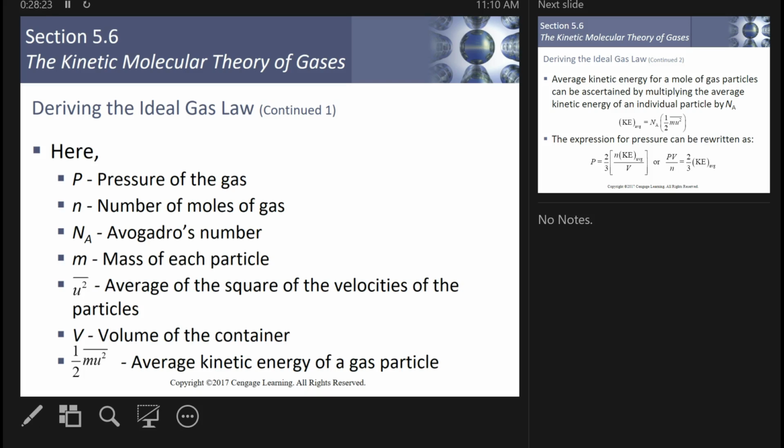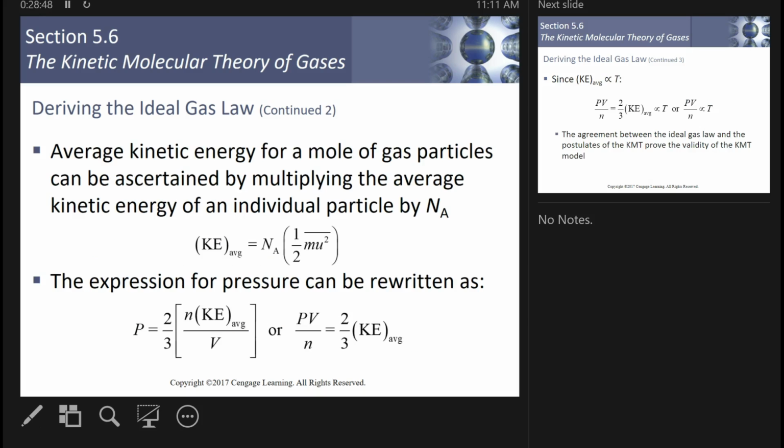This is for kinetic energy. What does kinetic energy have anything to do with gases? Because they're moving, and that changes their motion. The faster they move, the more kinetic energy they're going to have, right? Even if it's a tiny little mass, it can still have a lot of kinetic energy based on its motion.